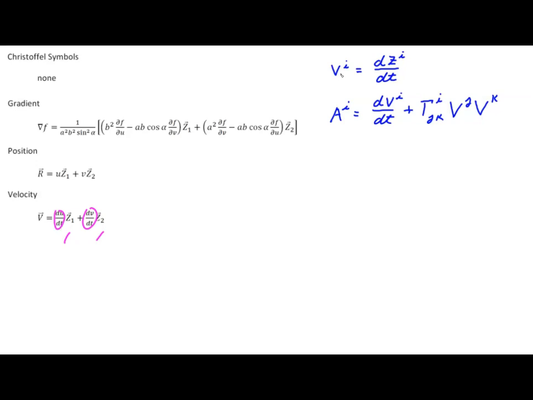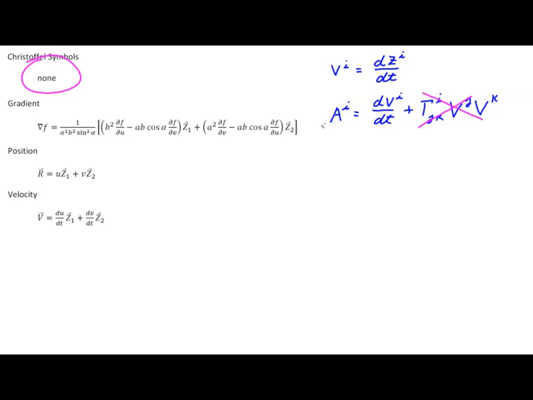It's that easy. No matter what the coordinate system is, it'll always start by looking like this. The velocity will be the linear combination of the time derivative of each of our coordinate variables combined with our basis vectors. All right, for acceleration, this time again, the Christoffel symbols don't exist. They're all equal to 0, and therefore this term does not apply for affine coordinates.